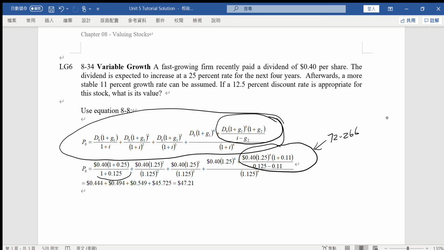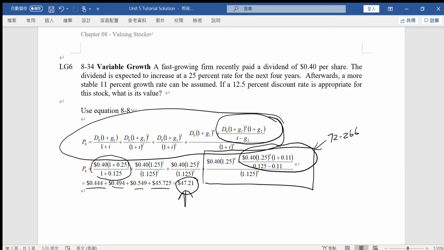This one will be equal to 0.444, and then the second one 0.494, the third one 0.549, and the last part, the whole amount of this, will be equal to 45.725. And then we can work out the figures. That will be 47.21. That will be the stock value finally.